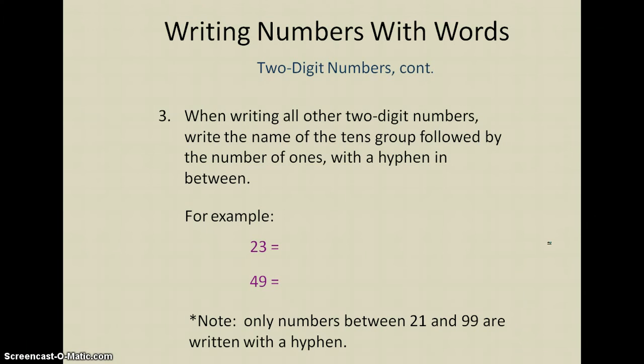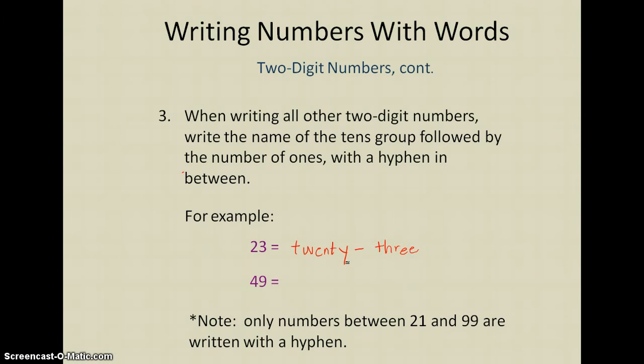So what we mean by that is if I'm going to write the number 23 in words, I'm going to write out, I have two tens, and the name for a group of two tens is 20. And then I'm going to put a hyphen, and then the number of ones that I have is 3 ones.